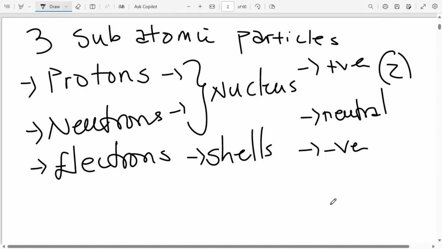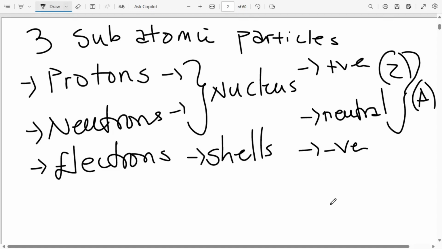And the combination of protons and neutrons in the nucleus is going to give us what we call the atomic mass or the mass number of that particular atom.